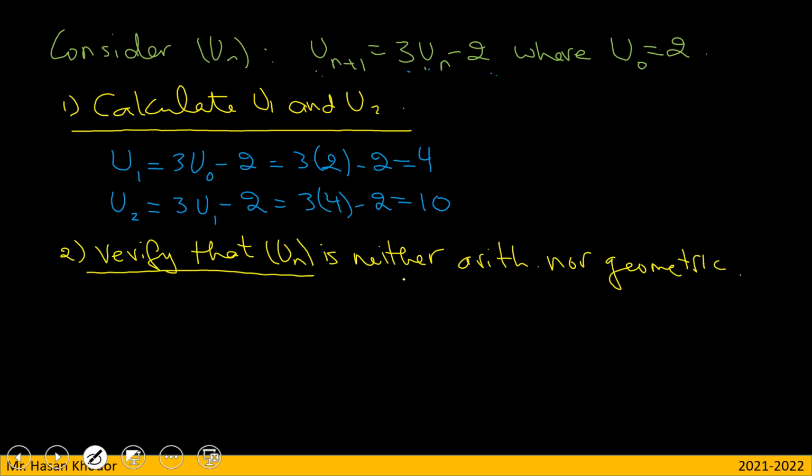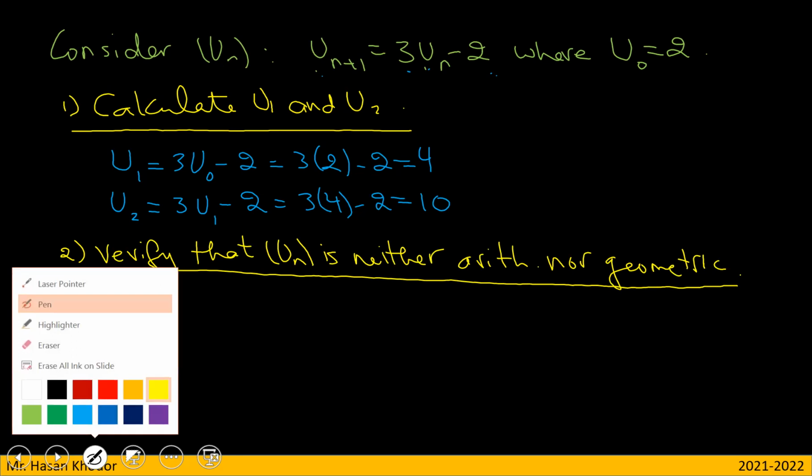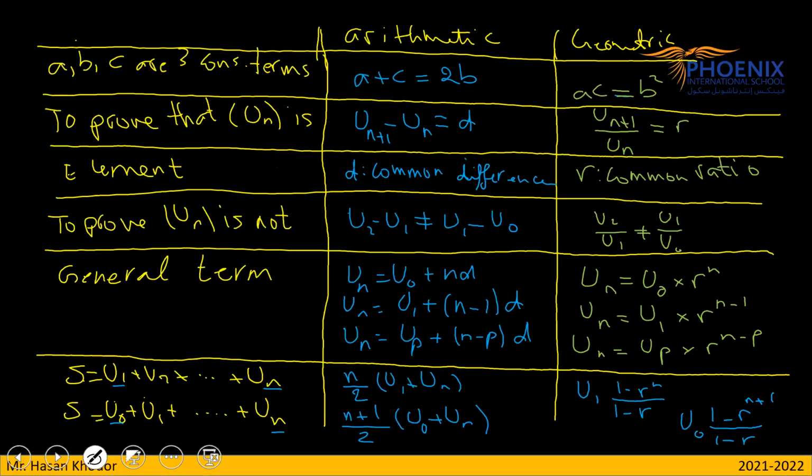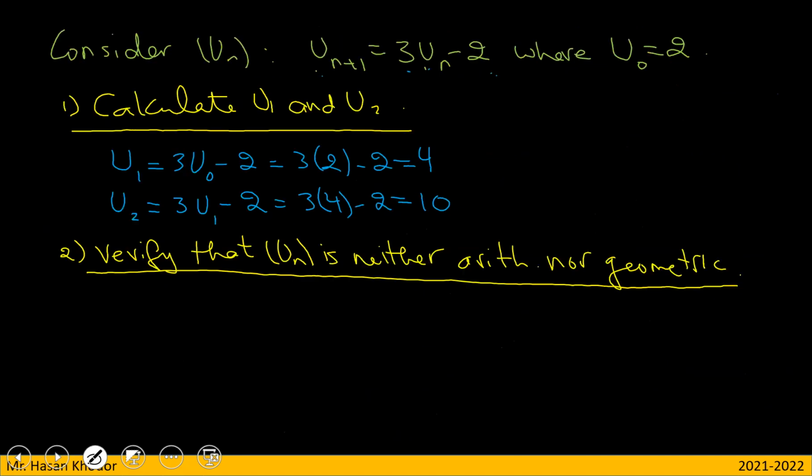How do we prove this one? To prove not, we have to take an example. Take at least 3 terms and prove that this is not true. Here we have 3 terms. I have u0 is equal to 2, u1 is equal to 4, u2 is equal to 10.